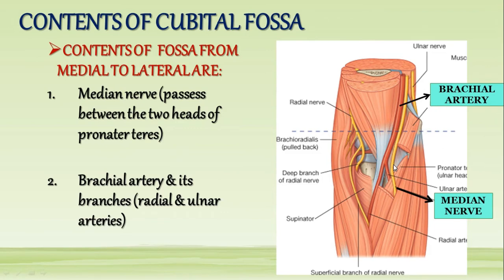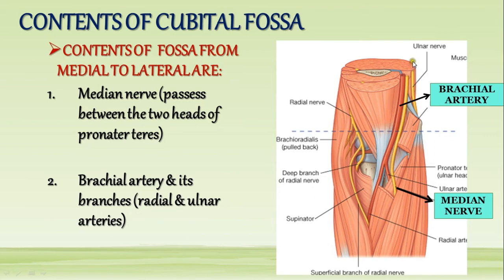So when you open the cuboidal fossa, you will find that the median nerve is present in the most medial location of the cuboidal fossa. The most medial structure present in the cuboidal fossa is the median nerve.